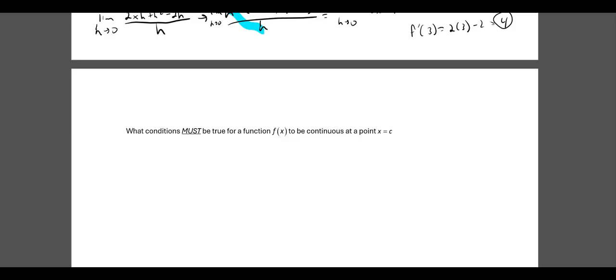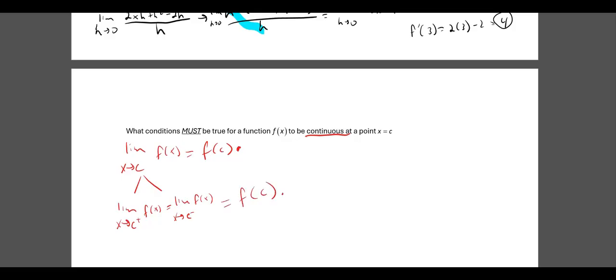I'm going to copy it. And the answer is, remember your answer for continuity, the limit as x goes to c of f of x must equal f of c. To go a step further, make sure you know that that's the general limit, which means a limit from both sides. The general limit must exist, which also must equal f of c.